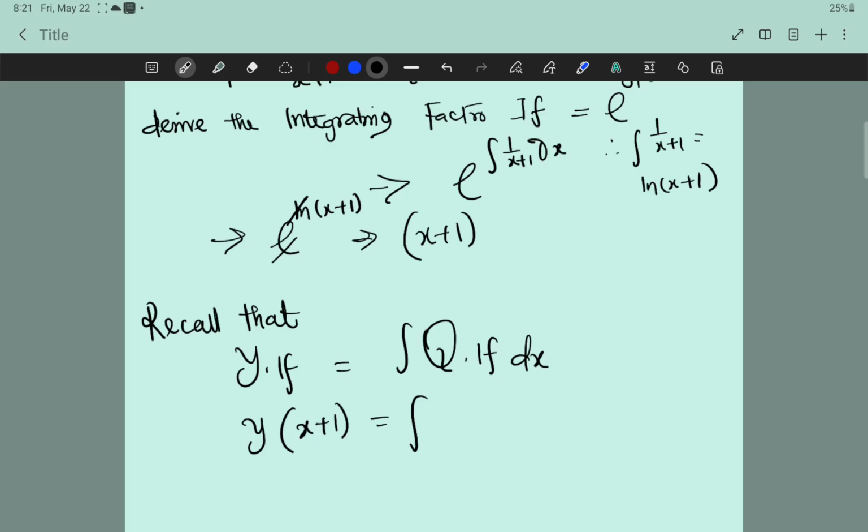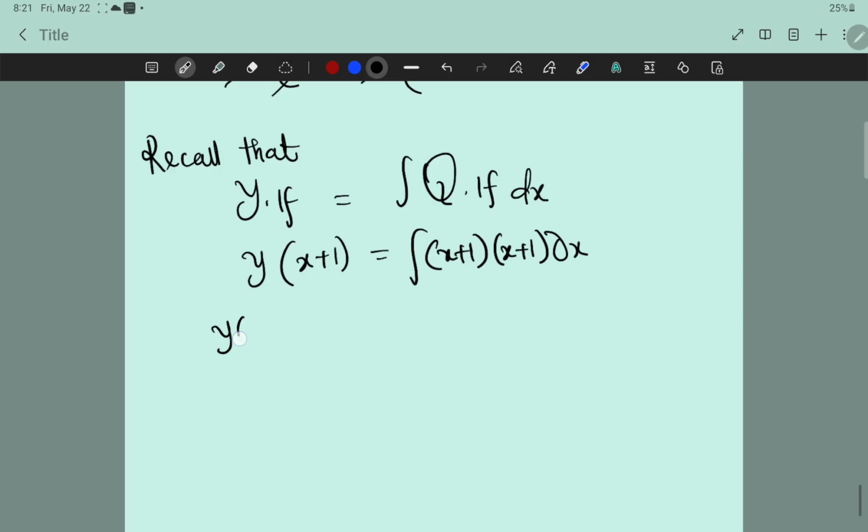Integrating factor is also x plus 1 dx. Wow, interesting. So we have y times x plus 1 is equal to the integral of x plus 1 all squared dx. Is that all? Okay.